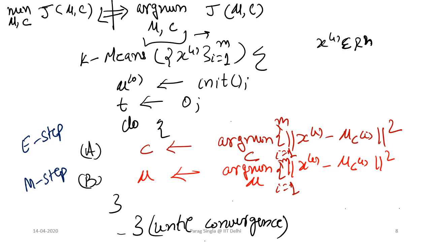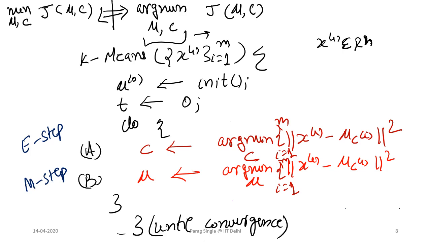And step B says that once you have updated your cluster assignment, give me the next set of parameters which optimize this objective given the new cluster assignment. So every time we employ steps A and B, we are looking for the most recent parameters or cluster assignments.